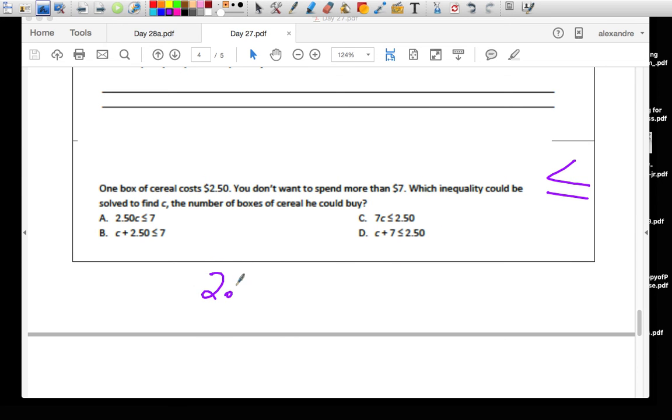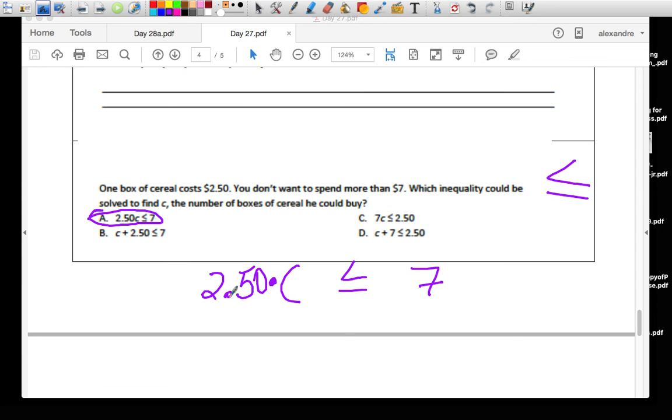So 2.5, 7's on this side. You know what this is. Okay, so you want each cereal box, this times the number of cereal boxes has to be less or equal to 7. Right, because the only one that has anything related to what I have is this one.